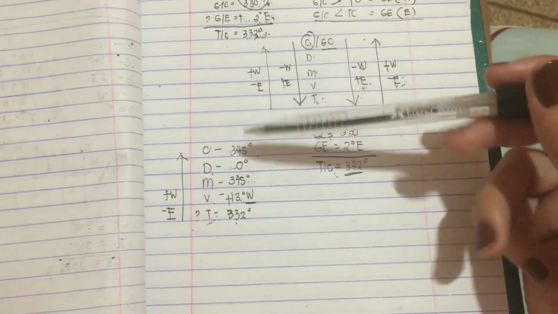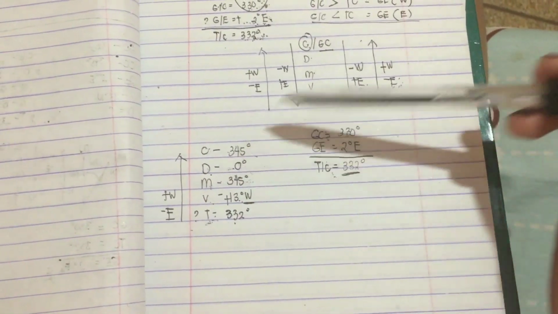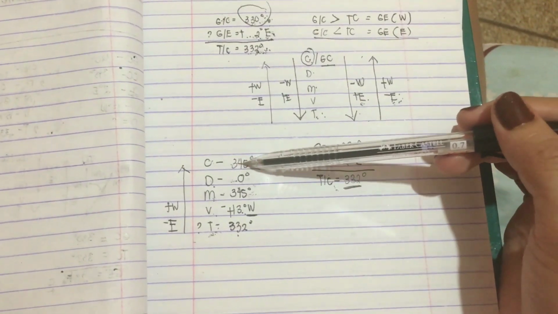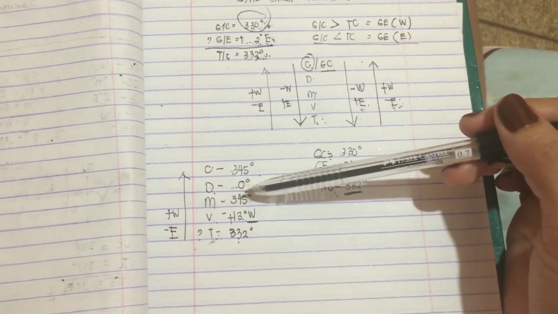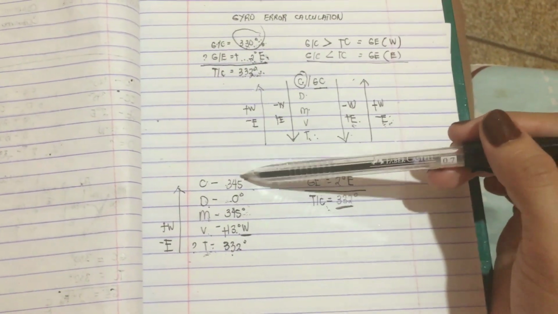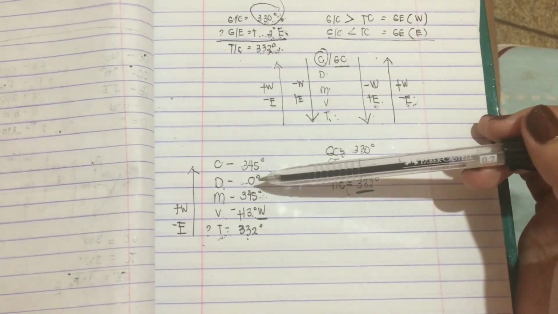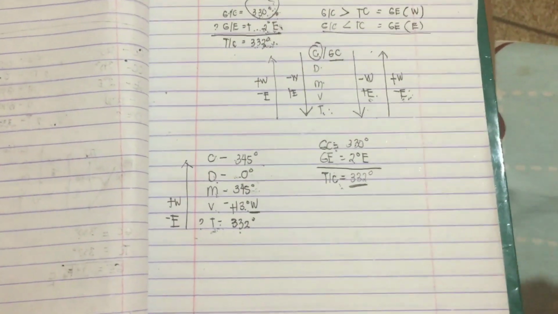If you compute the compass north using the deviation and magnetic, when you add 0 to 345, the answer will still be 345, and when we subtract, 345 minus 0, the compass north will still be 345. That's why our deviation is 0 degrees. So that's it. Very easy.